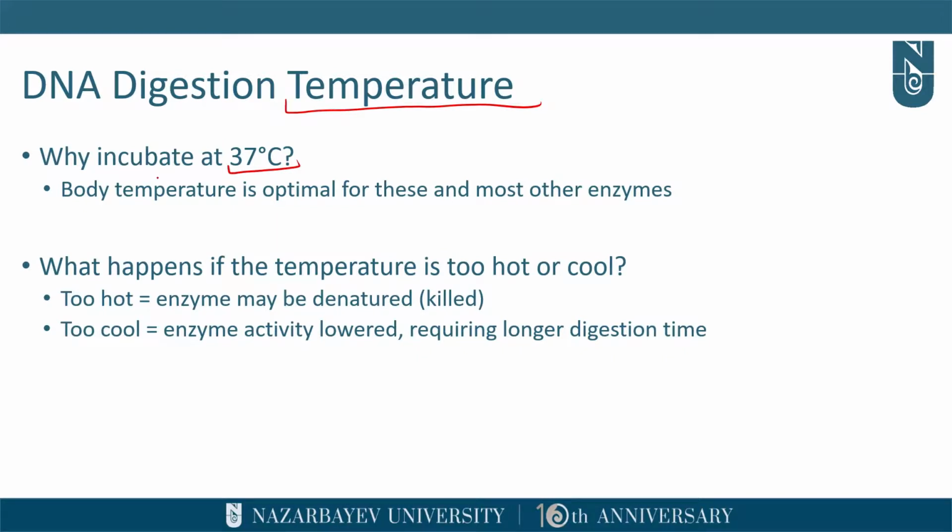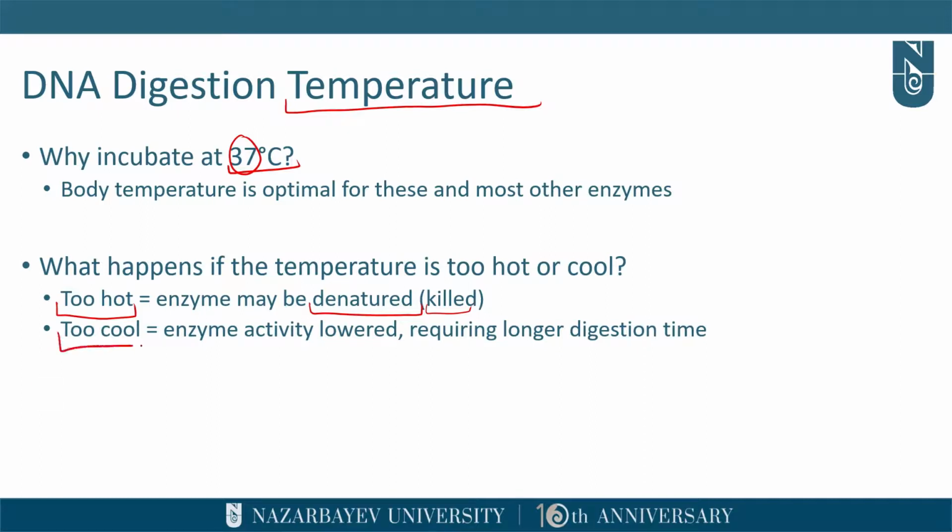Because it is the optimal body temperature of Escherichia coli, which live in the colon, so they have an optimal temperature range very close to 37 degrees. If the temperature is too high, the enzyme might undergo denaturation, or in other words, it's killed, because it cannot perform its functions.